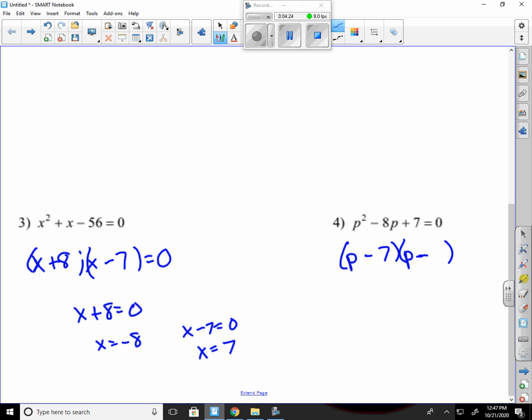So this would be minus 7 and minus 1. Negative 7 minus 1 gives me negative 8. Negative 7 times negative 1 gives me positive 7. I have p minus 7 equals 0, and p minus 1 equals 0. That should give me p equals 7 and p equals 1.